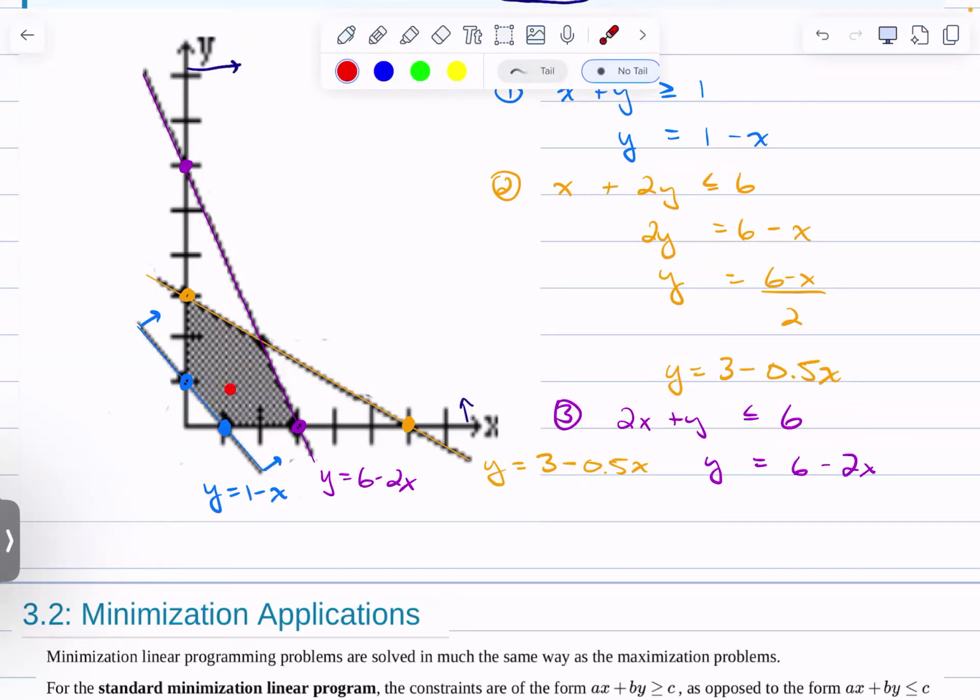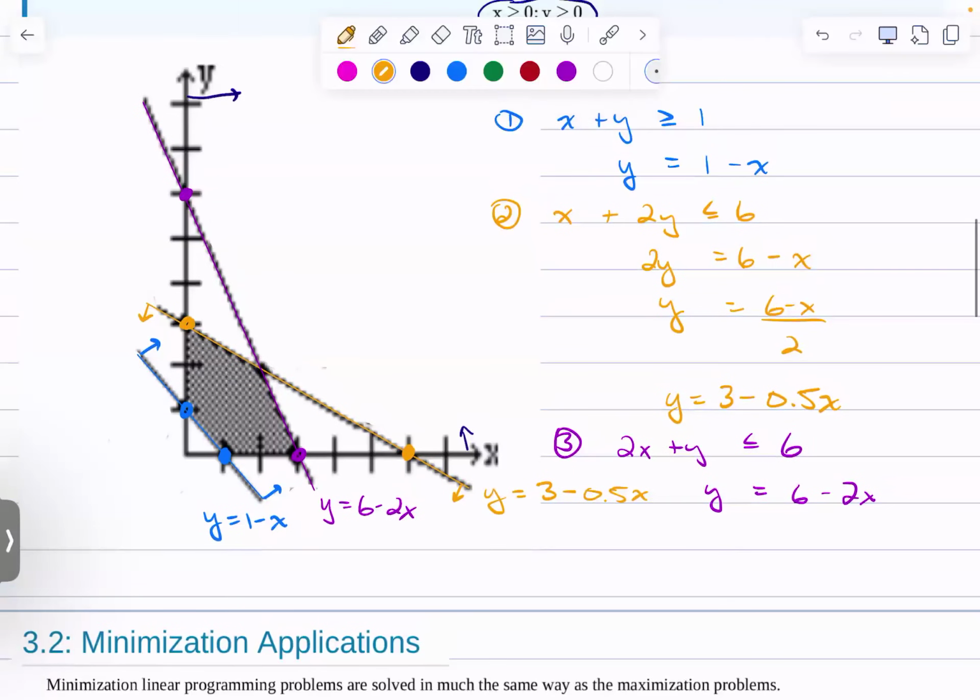I see that 1, 1 is on this side of the yellow or orange line here, right? And so if I plug in 1 plus 2 times 1, it's going to be 3, which is less than or equal to 6, right? And so that satisfies the constraints. And so then I put my arrows pointing down, below it.